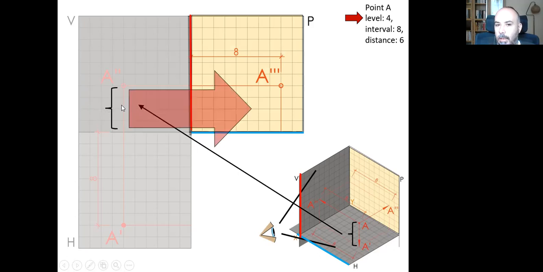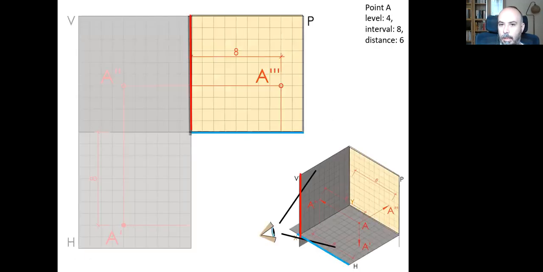So this is what I need to do. I need to transfer this length towards here by using thin and gray lines. This line here. And I need another length, that is the interval.